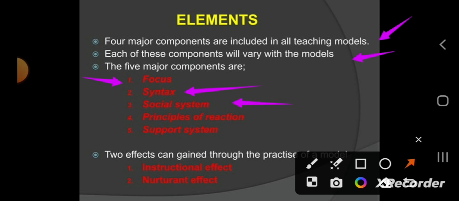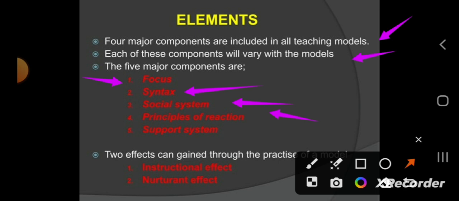Social system. This component deals with the social interactions and roles within the classroom. It addresses how teacher-student and student-student relationships are managed and how they impact the learning environment. Principles of reaction. These are the guidelines for how teachers should respond to students' actions and needs.